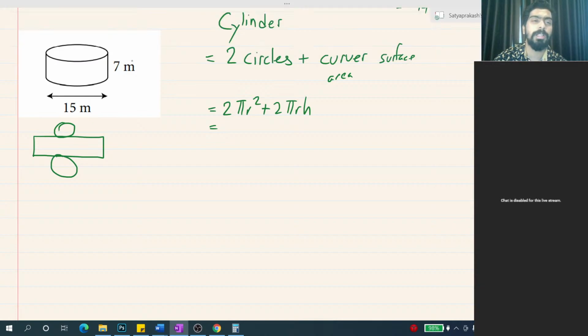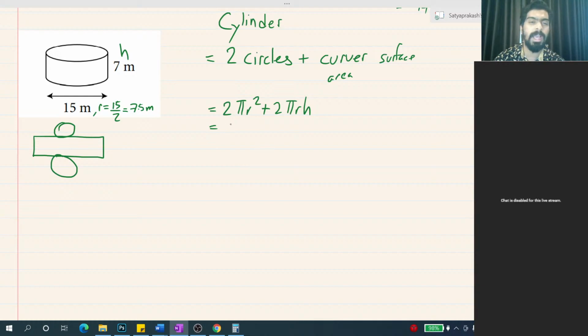Now if you take a look at this, this is the height and this one is the diameter. Therefore the radius would be half of it, which is 7.5 meter.